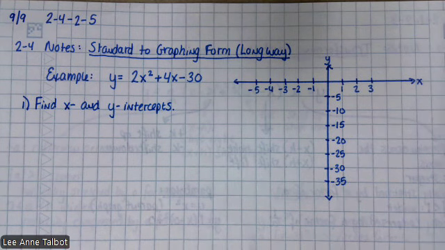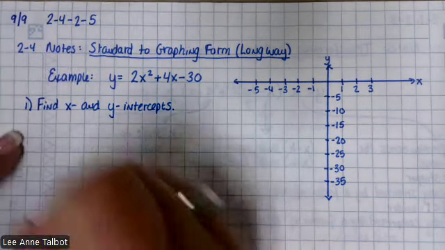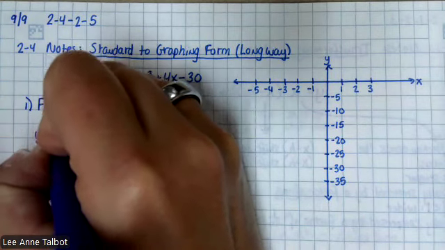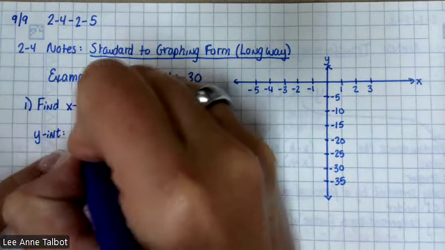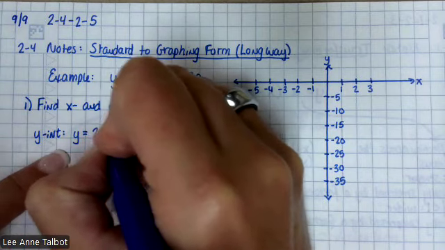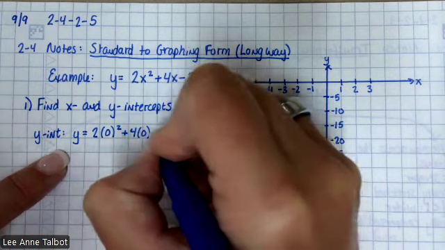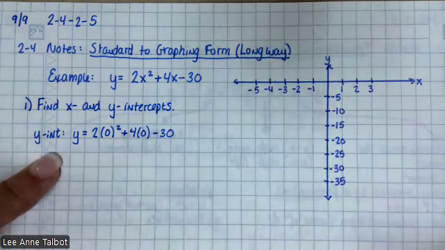This one's a parabola. How do you find the y-intercept? Okay, so y equals 2 times 0 squared plus 4 times 0 minus 30.